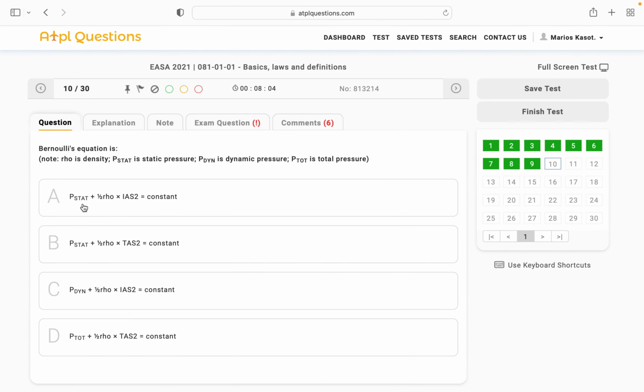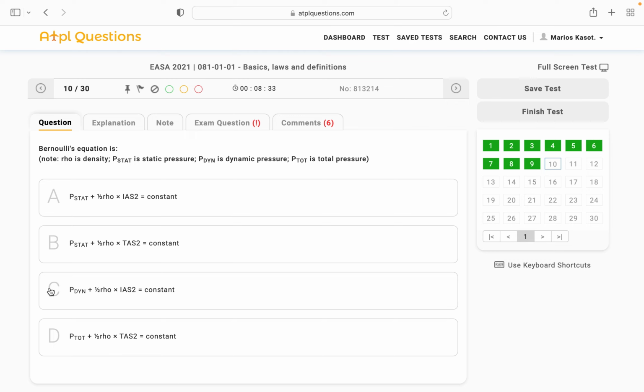Static pressure plus 1/2 rho indicated airspeed squared. Static pressure plus 1/2 rho true airspeed squared. Dynamic pressure and 1/2 rho indicated speed squared, and total pressure 1/2 rho true airspeed squared.